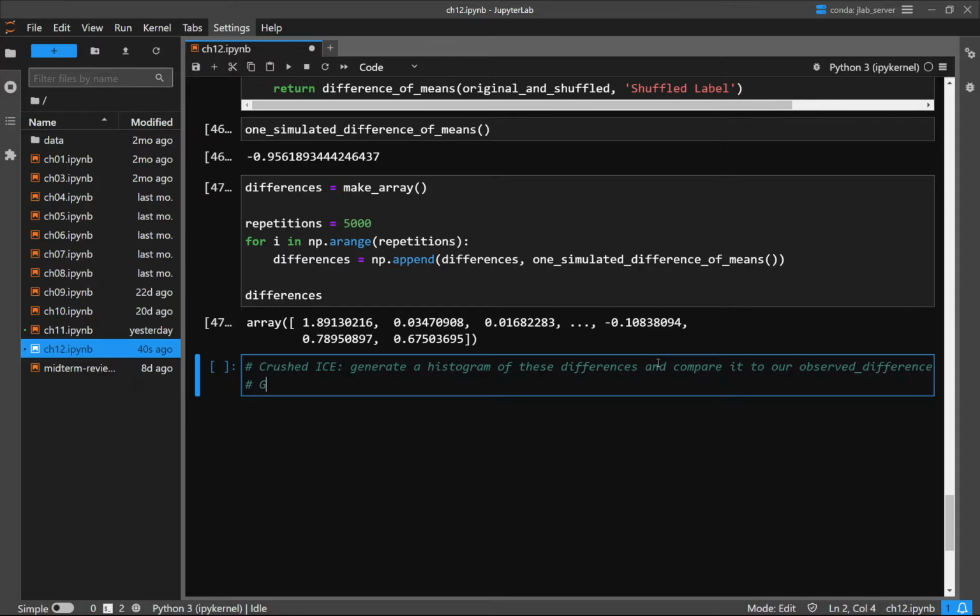With that in mind, also generate a p-value if you can. It might take a while to create that differences array if you have to run that cell yourself, but at least think about what code you would write to make a histogram and generate a p-value based on the observed difference value.